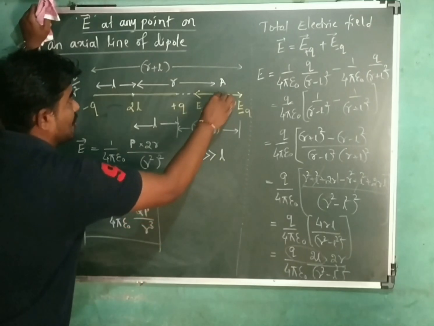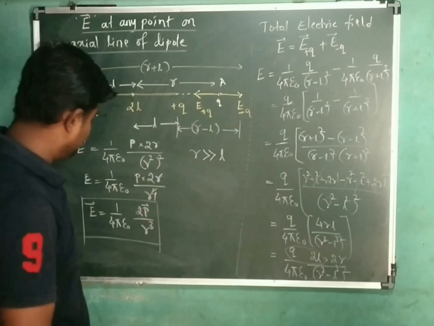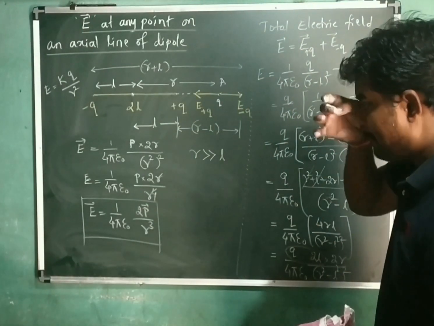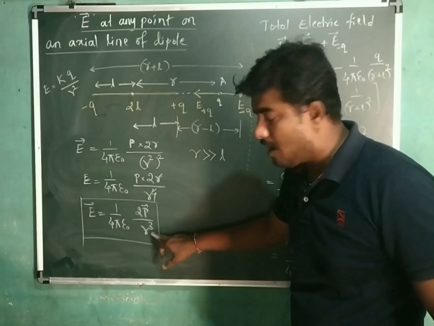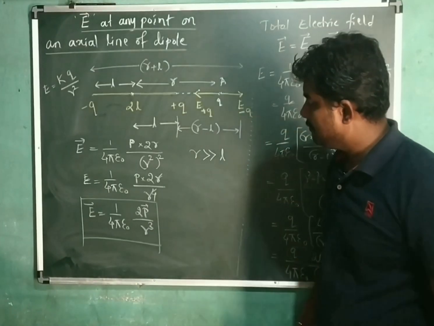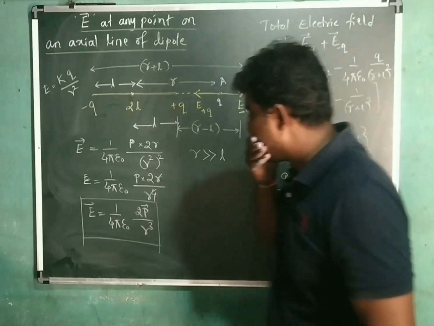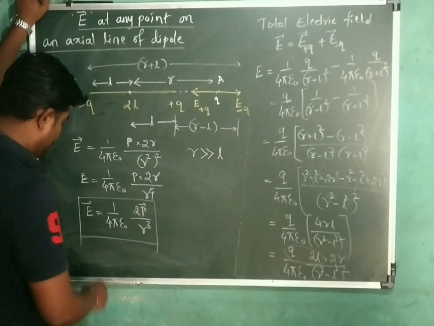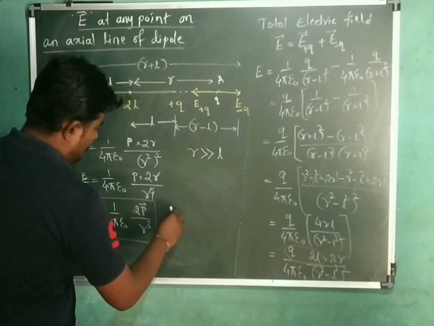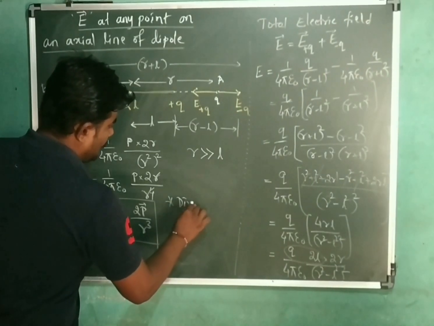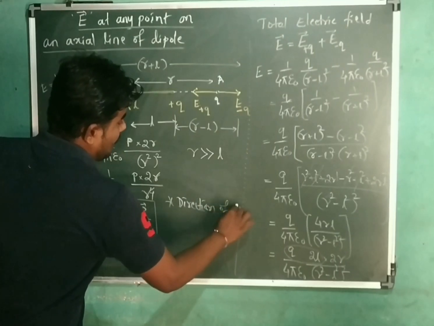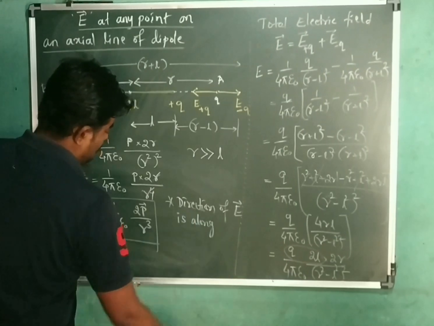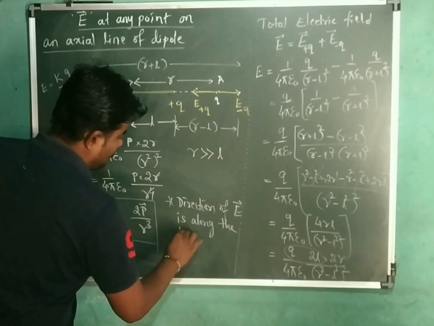Electric field at this point due to the dipole, you can note down. This electric field due to the dipole depends on R. See here, the direction of the resultant electric field is along the dipole axis.